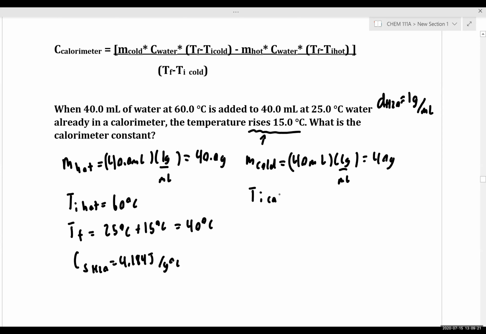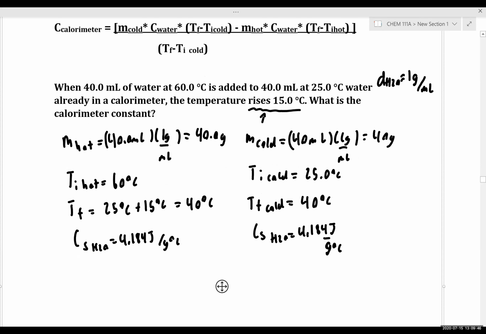The initial temperature of our cold water is 25.0 degrees Celsius. The final temperature of our cold water is going to be 40 degrees Celsius. And the specific heat of water is equal to 4.184 joule per gram degrees Celsius.